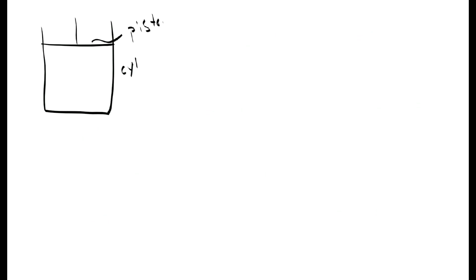And so the way they thought about work was in terms of cylinders fitted with pistons full of gas. Imagine you push down on this piston, the gas will push back, it'll resist. You're trying to do work on the system.